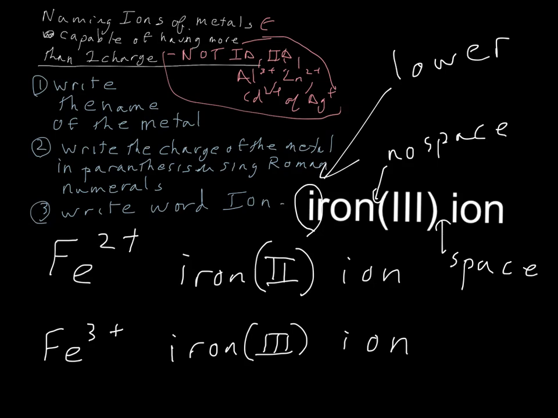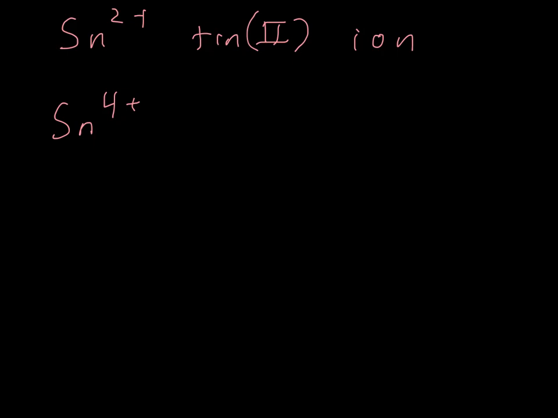Let's take a look at another couple quick examples just to make sure this horse is completely and utterly dead. If we wanted to, we could name these 2 friendly ions. We have tin. So we write the word tin, open parentheses, we have a charge of +2, so tin 2 ion.